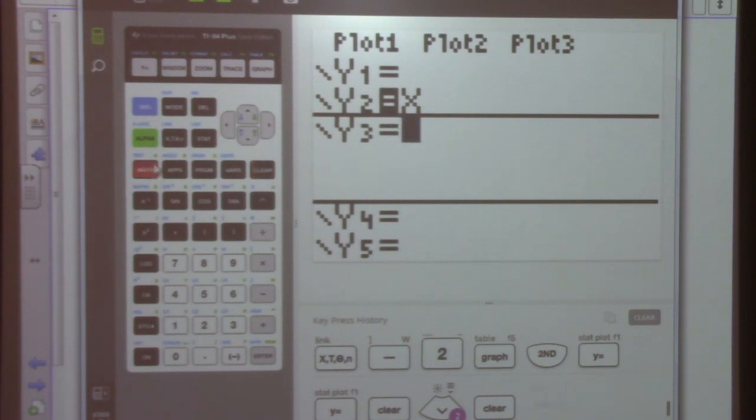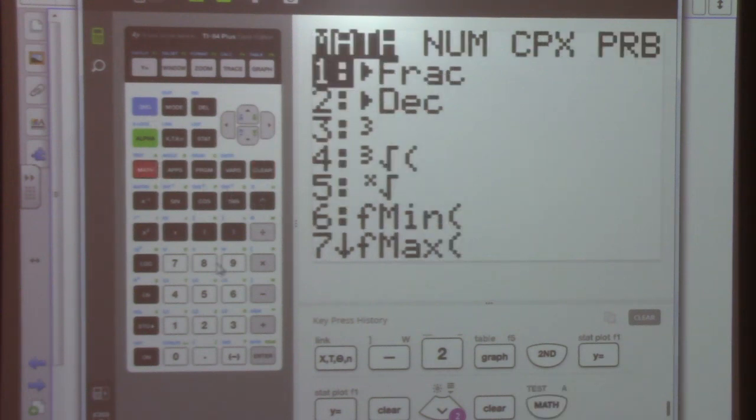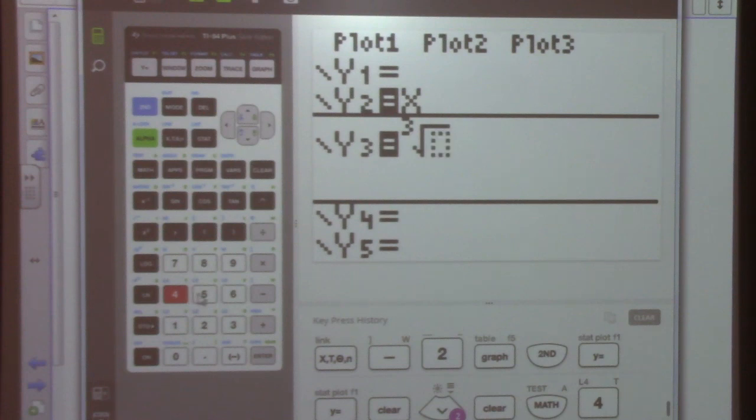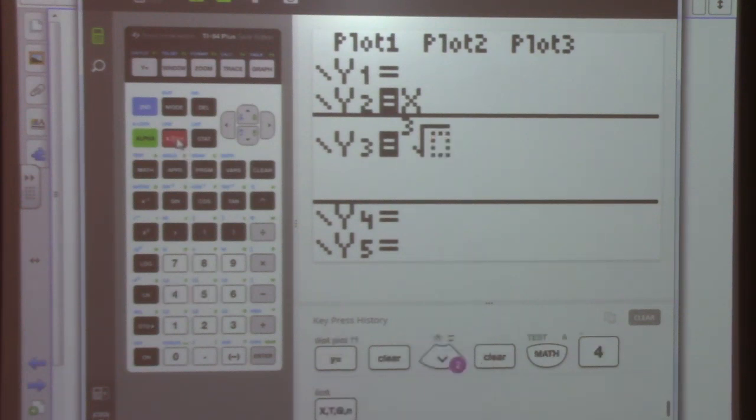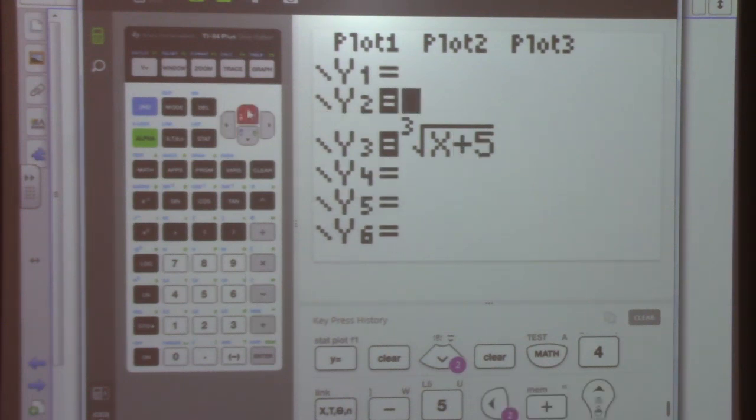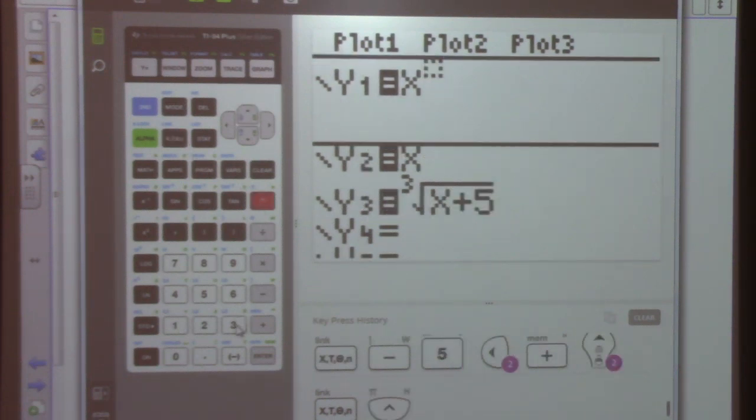What we do is go to Math and 4. There will be that, right? So we get x, is it minus 5? So is it plus 5? Okay, it's plus 5. And up here, it's x cubed. You good?